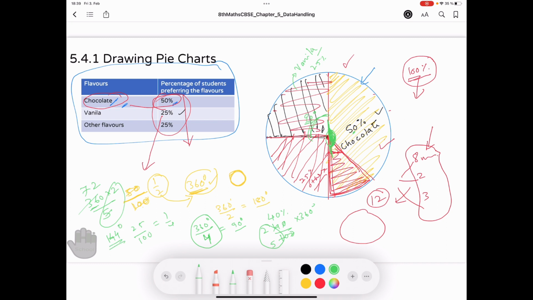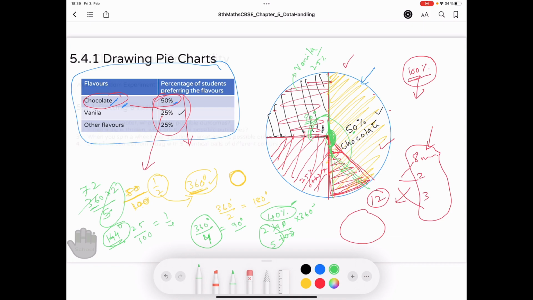So to represent 40%, we need to draw 144 degrees. We will have to take a protractor and draw 144 degrees. If we draw an exact angle of 144 degrees, we make it 40% of this circle.